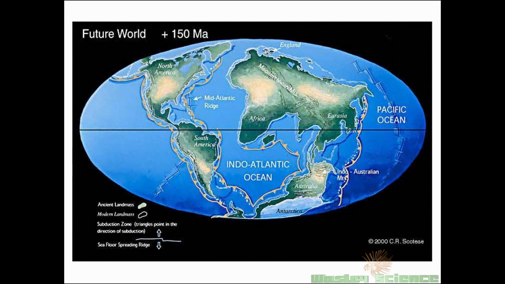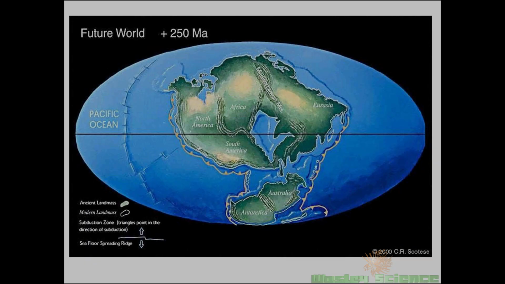And we can see now that in 150 million years, Alaska and Russia are going to start leaving away from each other, and we're going to start to form back with each other. So now, Africa is going to collide into North America and South America.